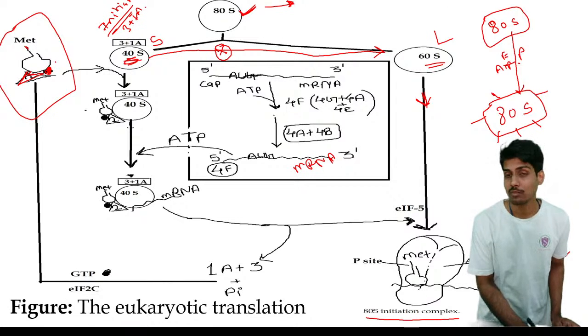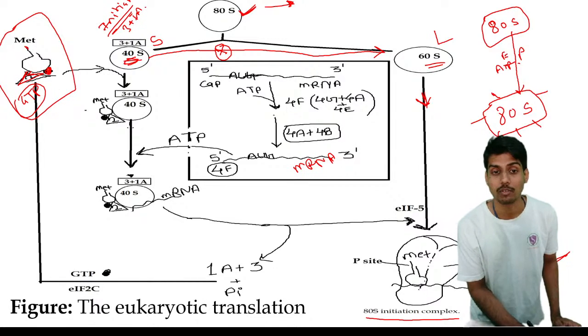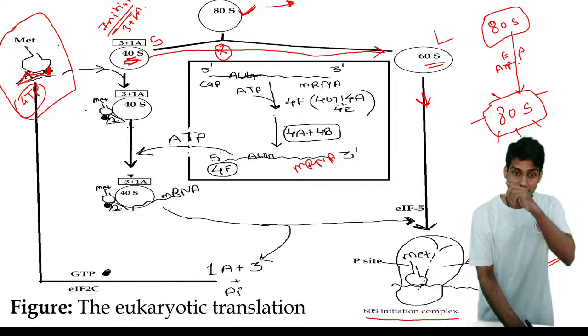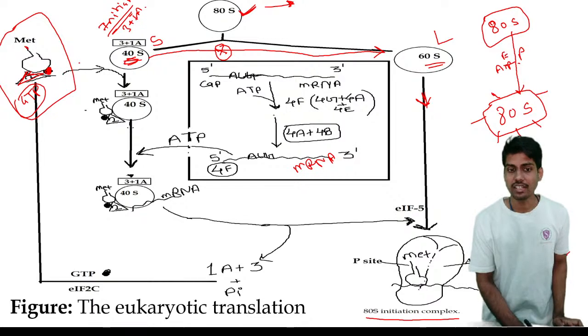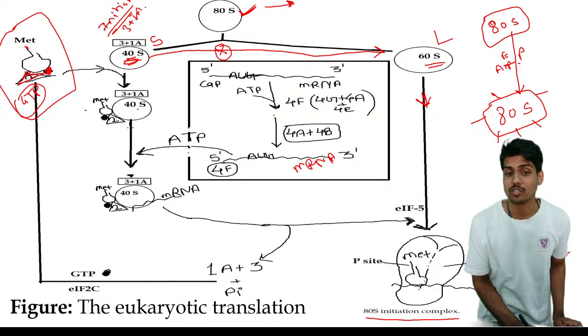So this is a complex which will have not only the tRNA, but also a source of energy for the entire reaction. Now this tRNA will attach with the 40S ribosomal unit and form the 40S initiation complex. It has the 40S ribosomal unit, initiation factor 3, initiation factor 1A, then the methionine tRNA, then the GTP, and initiation factor 2.